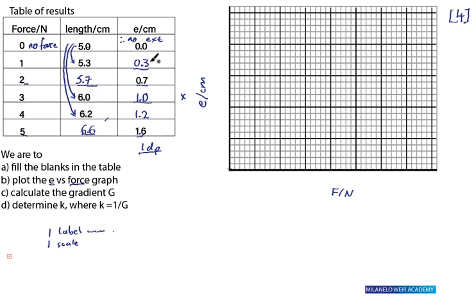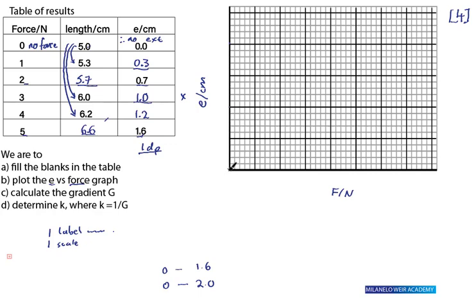Our extension is from 0 to 1.6. So our scale can be from 0 to 2.0. If 0 is here, 1, 2, it's less than 50%. So let me try 1 here, 1 here, 2 here. Oh, it's good enough, right?